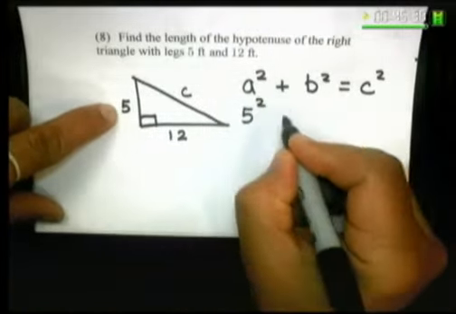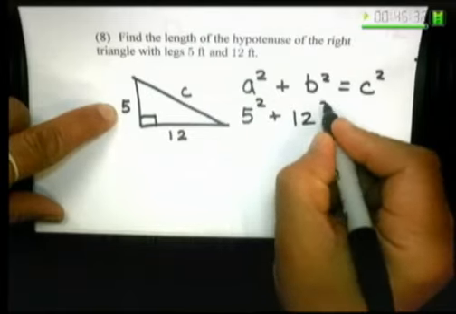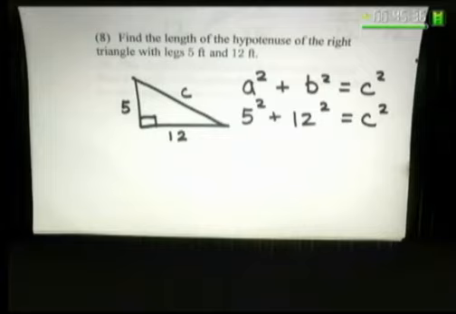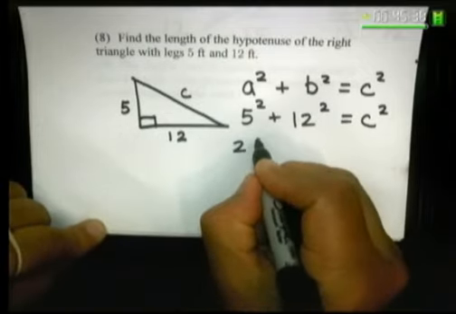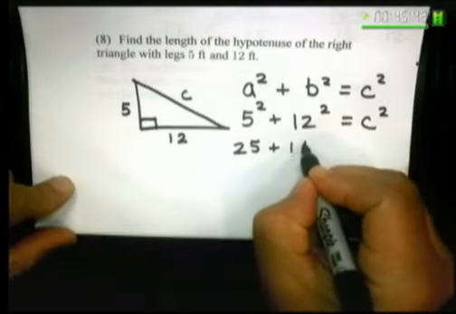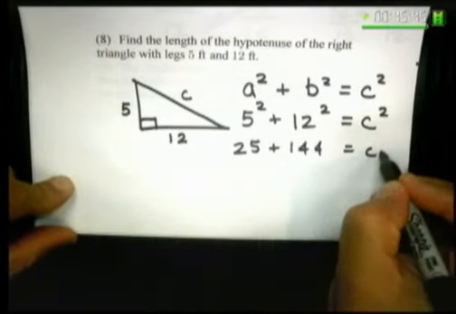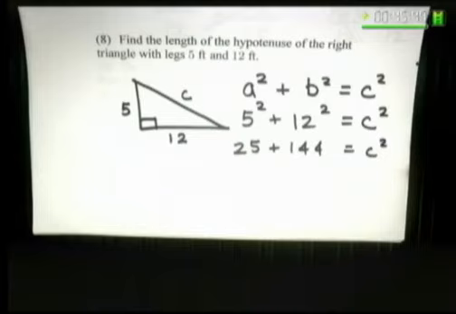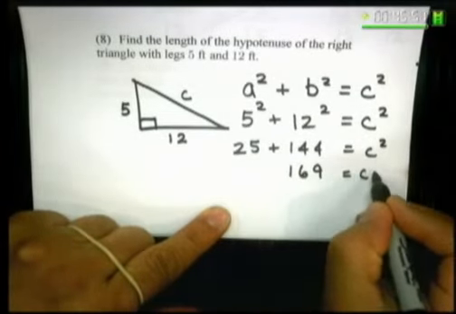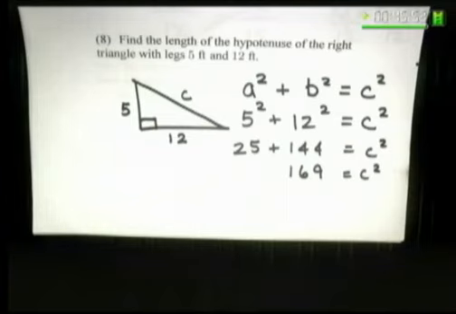So that's going to be 5 squared plus 12 squared equals C squared. Well, 5 squared is what? 25. Plus 12 squared. 12 times 12. 144. Very good. Equals C squared. Well, 25 plus 144. 169. That equals C squared.